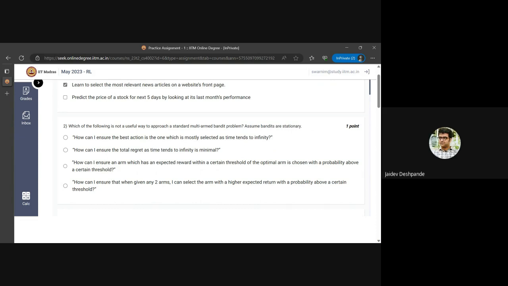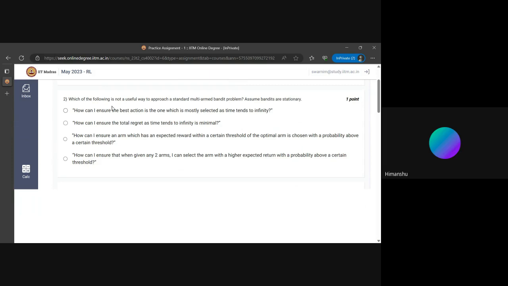So the question is, which one is the least useful? It is asking for a not useful way to approach a standard MAB problem.